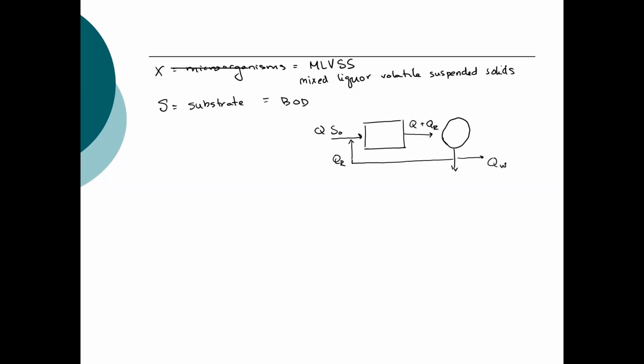Okay. We don't want too high of a concentration of microorganisms. We then have here Q minus QW, what we're wasting, and our final effluent concentration.